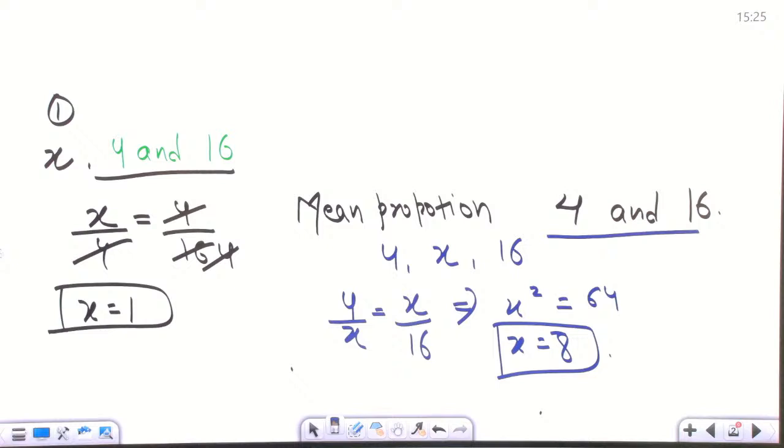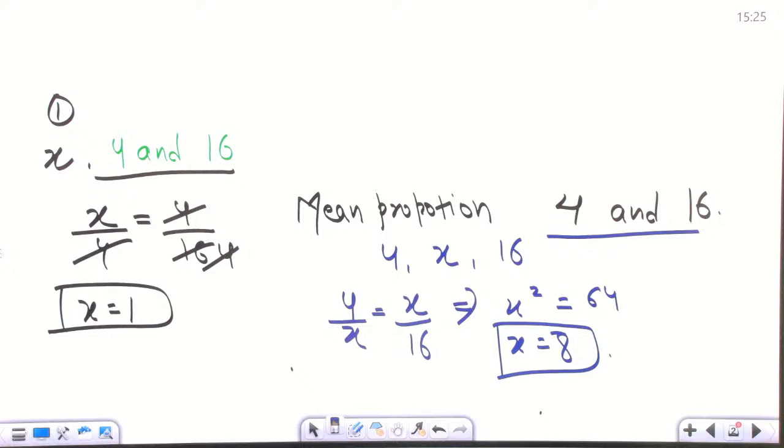But the rest of the arrangement will be like a by b. You have to arrange the numbers like a by b. Wait. Third proportion, position of third.